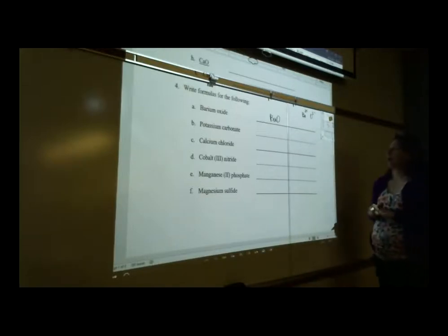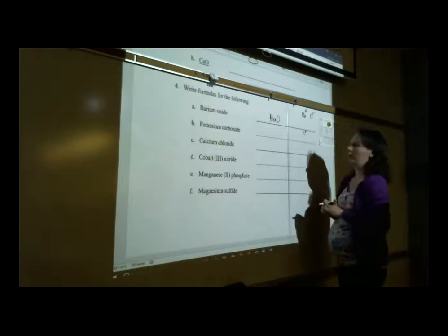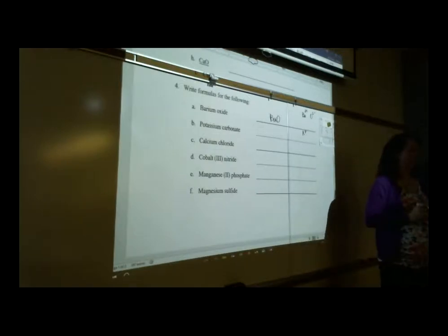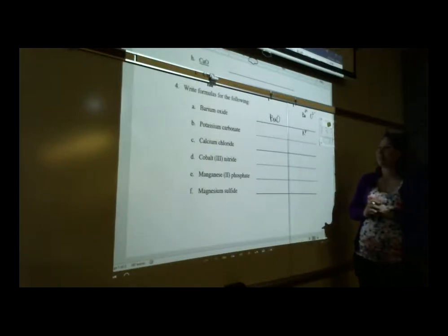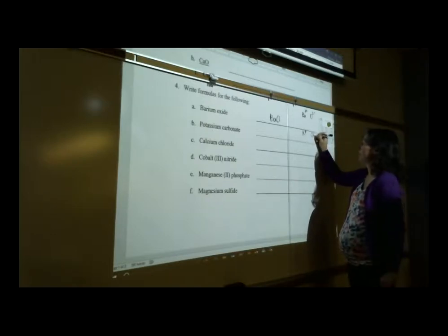Okay, potassium carbonate. Where's potassium on the periodic table? Group 1, it's right there, so it's K+. And where's carbonate on the periodic table? It's not. Carbonate's a polyatomic ion with what formula? Right, CO3 2-.